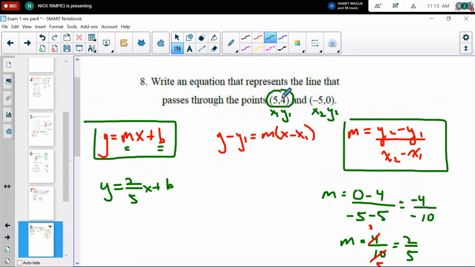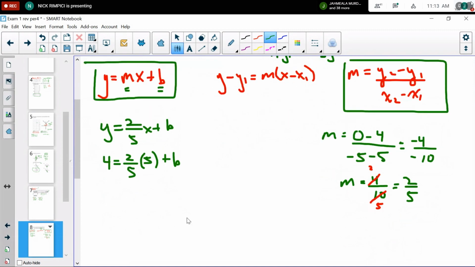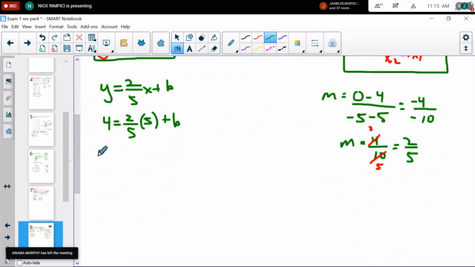My x is 5, my y is 4. I have everything I need to solve for b. All right. I have 4 equals, I'm going to do 5 times 2, which is going to give me 10.